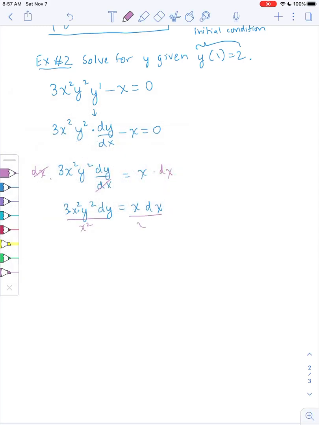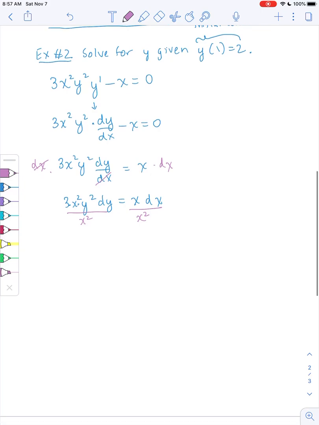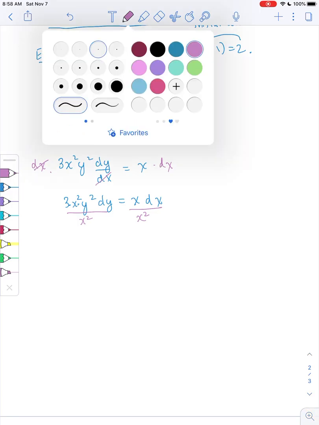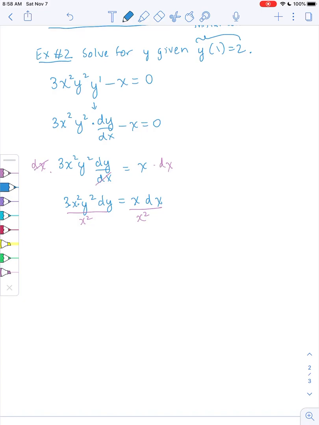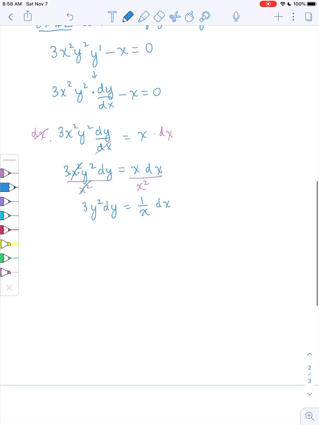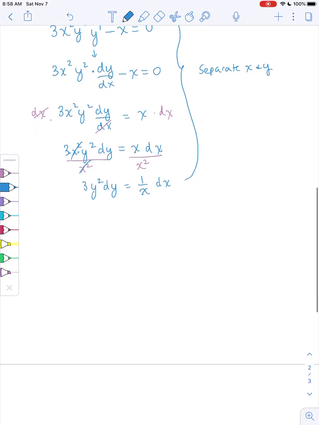So the last step would be that we divide both sides by x squared. And we can leave the 3 on either side. So I'll just go ahead and leave it on the left-hand side. So at this point, the x squareds cancel out. 3y squared dy is equal to 1 over x dx. And at this point, we've done our first duty, which is separate x and y.